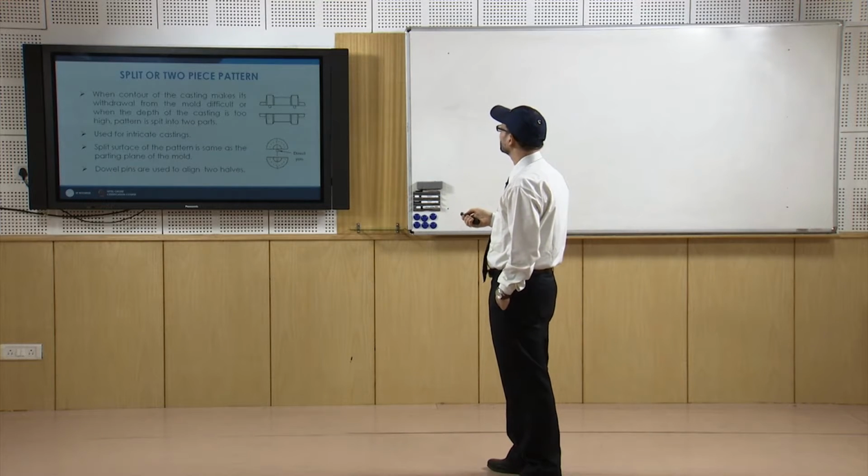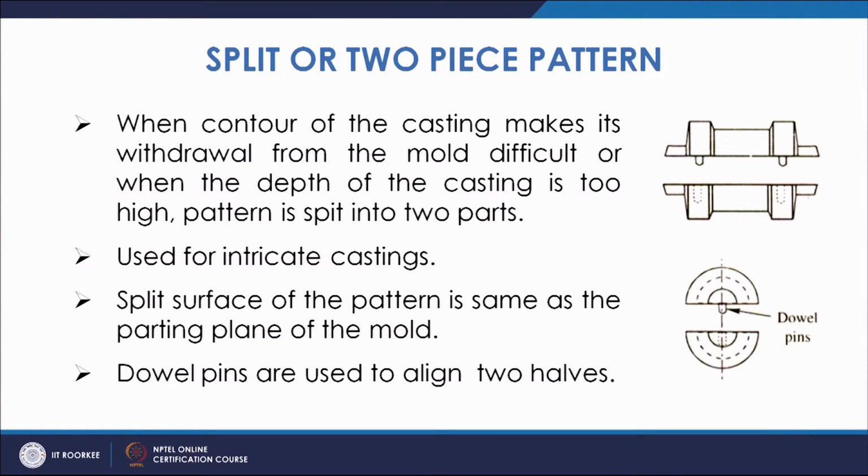So, when the contour of the casting makes its withdrawal difficult from the mold, or the depth of the casting is too high, the pattern is split in two parts, and it is known as the split pattern. There has to be proper alignment between the two parts.